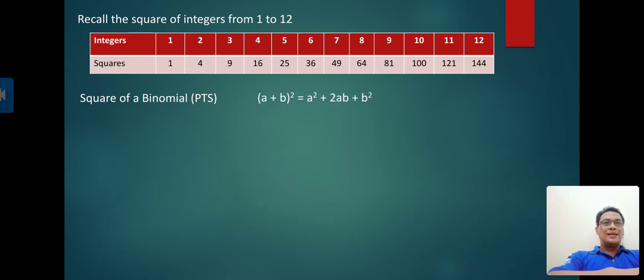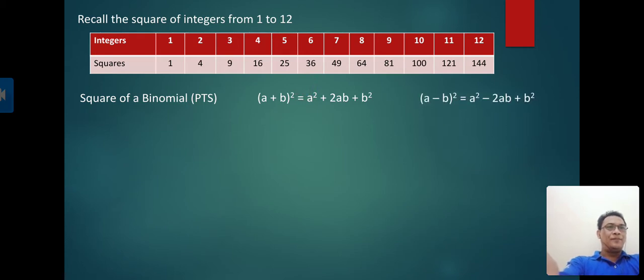So that is your perfect trinomial square, a squared plus 2ab plus b squared, and the factor form is the quantity of a plus b squared. Here is your perfect trinomial square, and this will be your factor form.